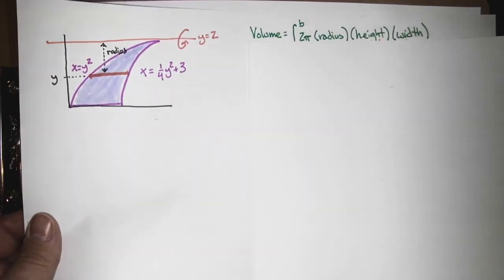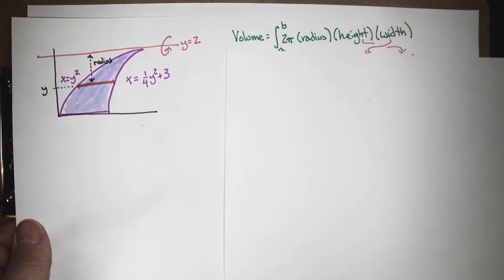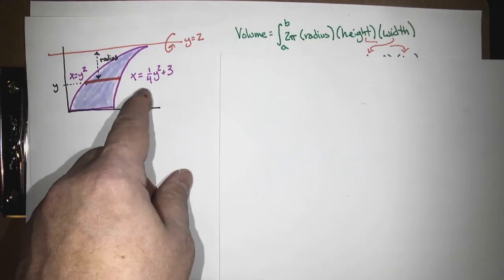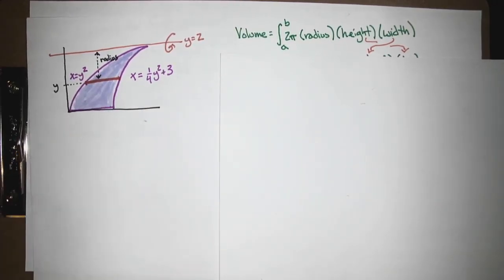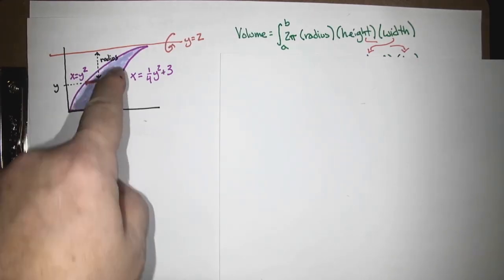So here we have our updated picture, right? Because we should write things in terms of y because we're going to have horizontal slices. All right, so we're going around y equals 2. What's the radius? Because I think that might be the one that is most tricky. How do you find it? It's marked here as radius.